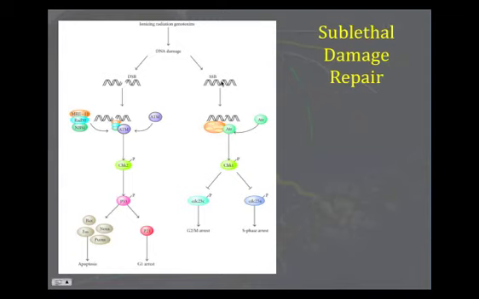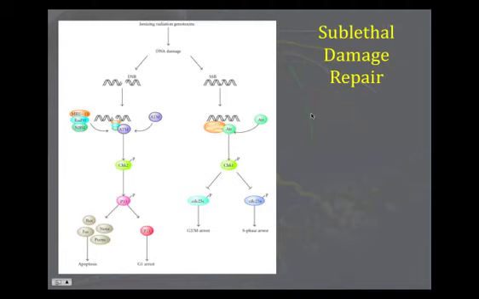Now, if there is a single strand break of the DNA, a different set of enzymes is recruited, and the phosphorylation of different enzymes, depending on which kind of gene is activated, the cell will arrest in G2 or mitosis phases or S phase. But the fact is that lots of this sublethal damage will actually lead to cell death.